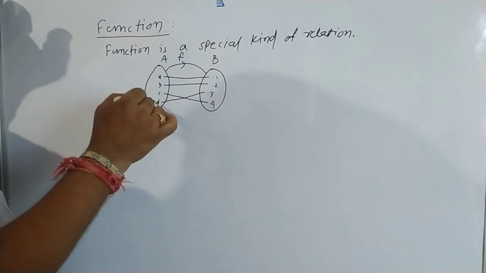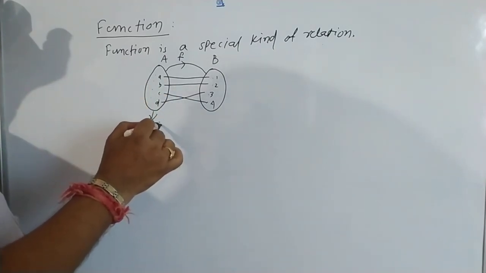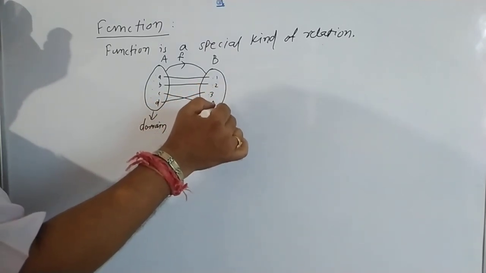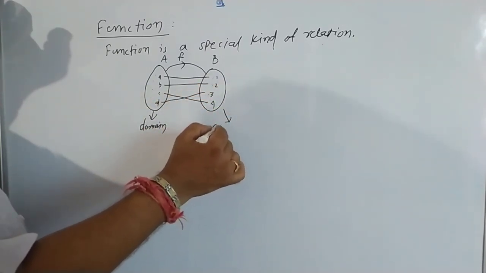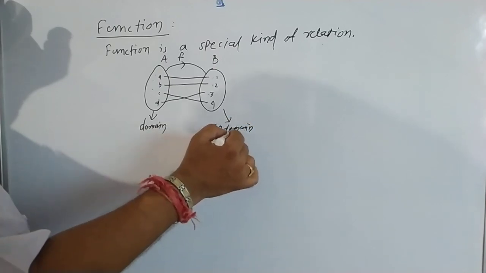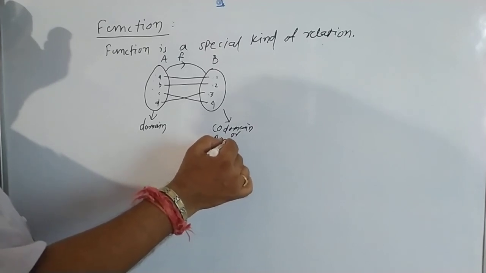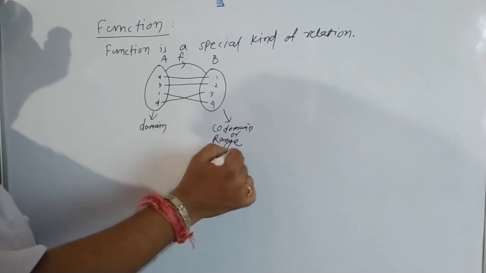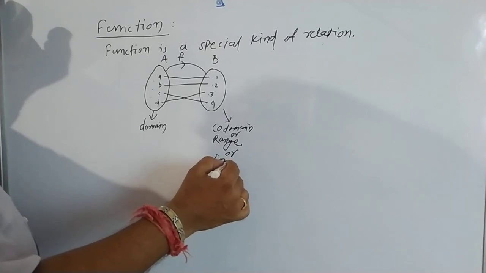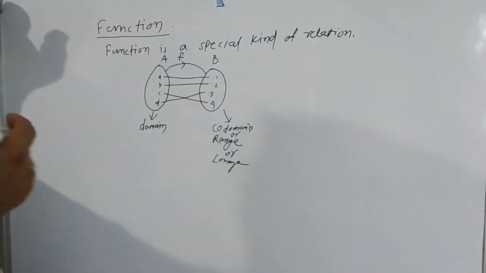So this is called the domain of the function, and this is the codomain, or you can call it range, or you can call it image. This is a simple idea about function.